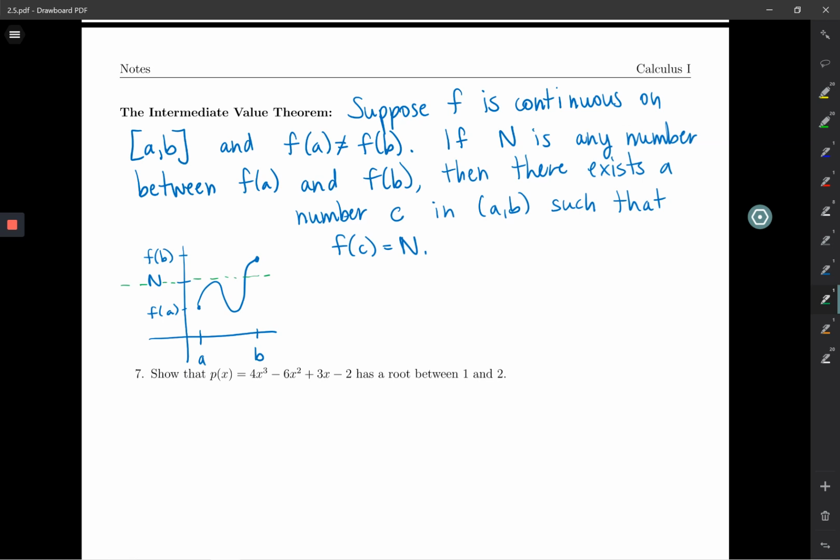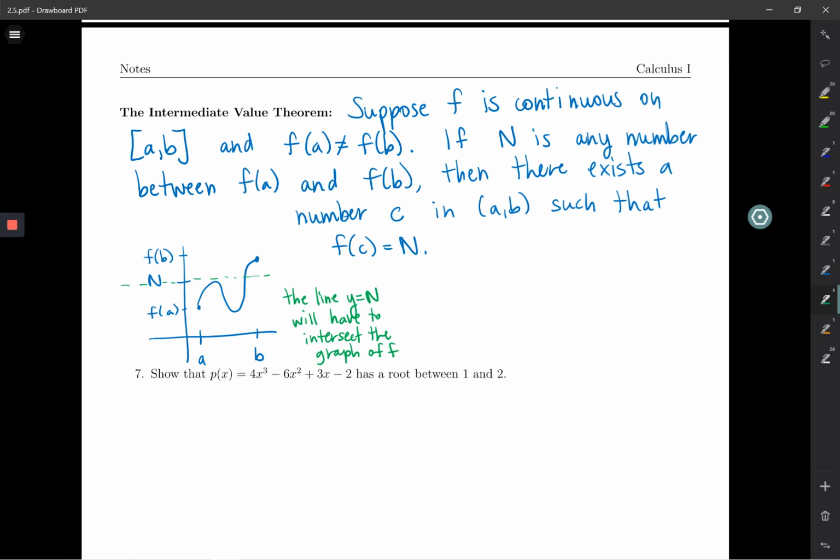So the line y equals n will have to intersect the graph of f. So each of these conditions is important. So that f is continuous, f of a does not equal f of b, right? So those two conditions are both important.